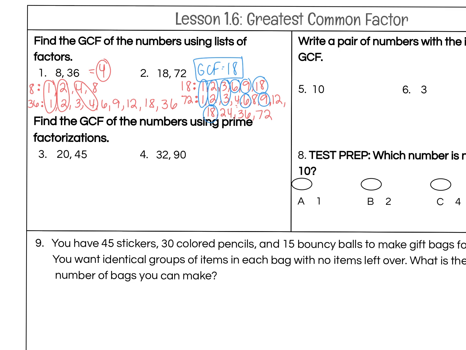So we're going to do this together. Starting with 20, I could do 10 and 2, and then 5 and 2. And then 45 might be 5 and 9, and then 3 and 3.